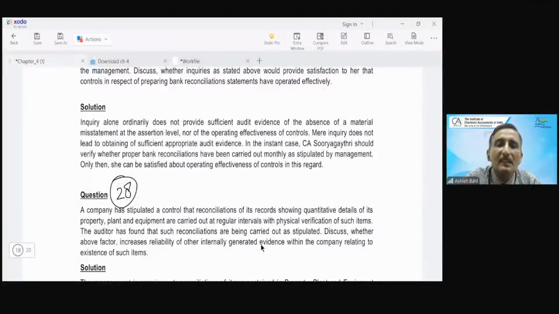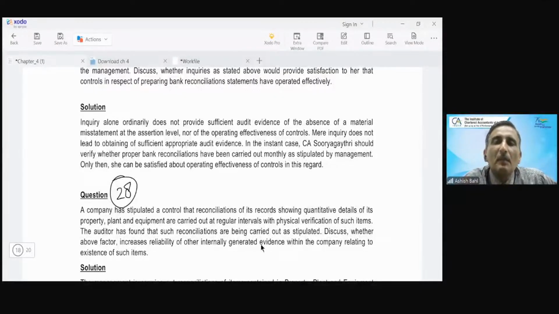A company has stipulated a control that reconciliation of its records showing quantitative detail of its PPE items is carried out at regular intervals with physical verification of such items. So the company is carrying out physical verification of PPE items, and these are being reconciled with the records which we are maintaining in respect of PPE items. Very good. So the auditor has found that such reconciliations are being carried out as stipulated.